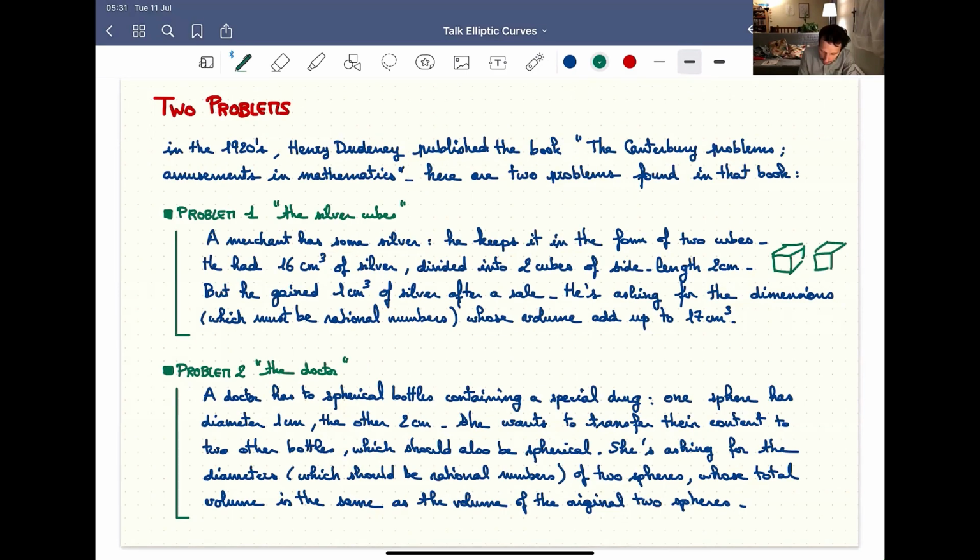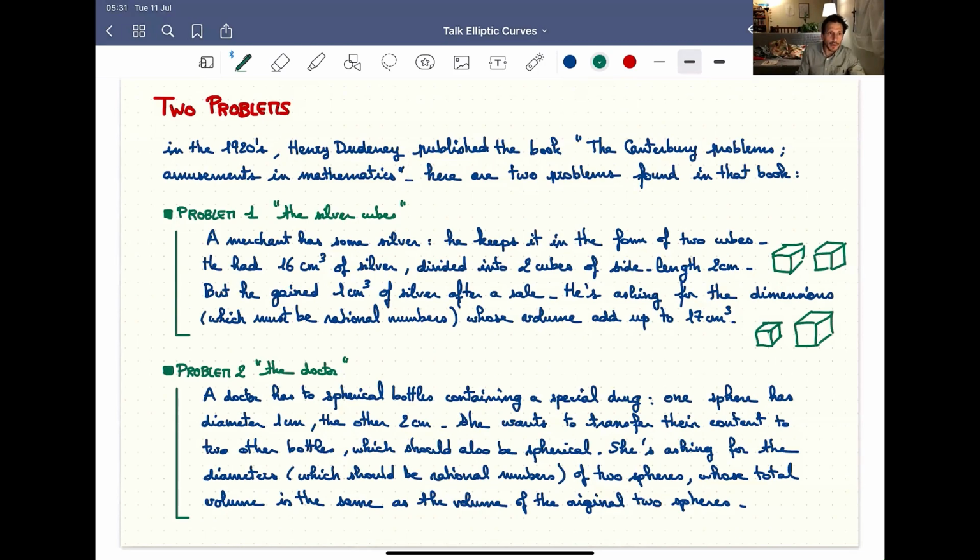Then on this day, he gains 1 extra cubic centimeter of silver by selling something. Now he wants to melt the whole 17 cubic centimeters of silver, and he wants to make two new silver cubes containing this whole volume of silver.